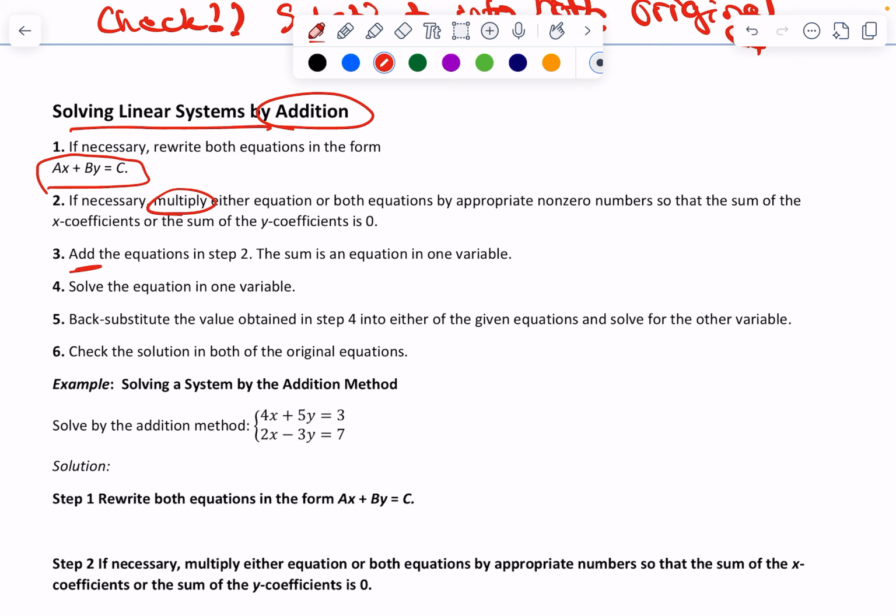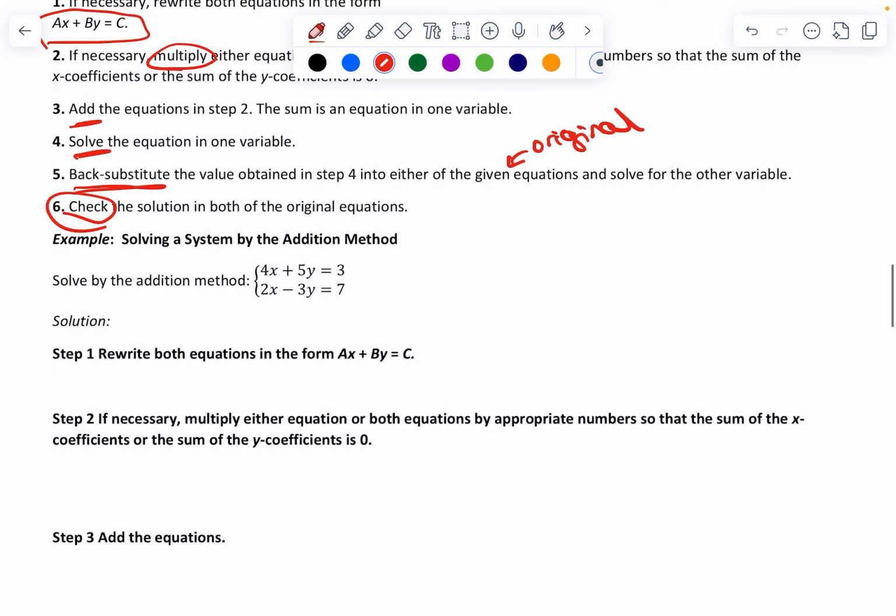The sum is an equation in one variable. Four, solve the equation in one variable. Five, back substitute the value obtained in step four into either of the given equations and solve for the other variable. And then, of course, check the solution, again by substituting into the original equations.